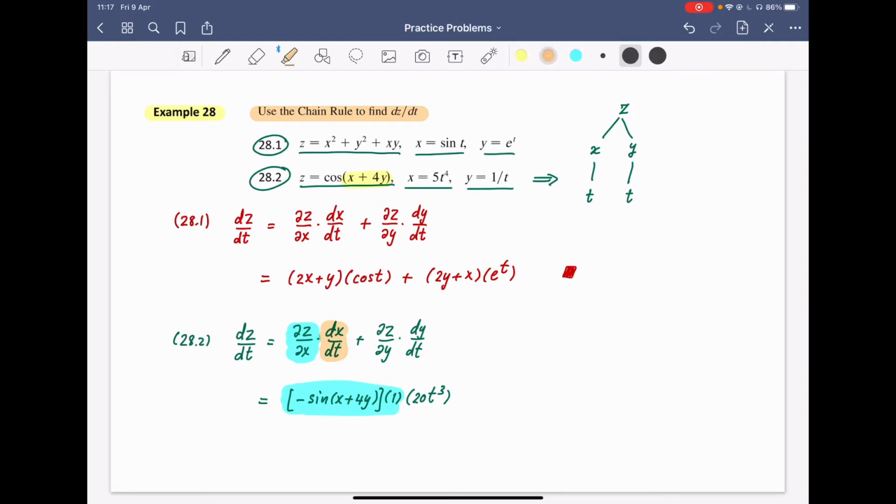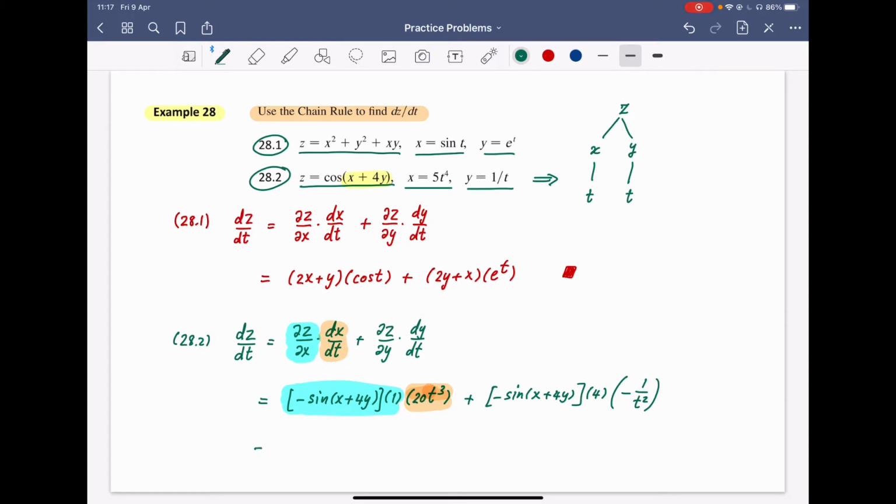All right, good. And then the next term, you differentiate c with respect to y, so you get negative sine of x plus 4y. And the inner function is going to give you number 4 here because you differentiate x plus 4y with respect to y. And then the last term, dy by dt, you differentiate 1 over t with respect to t, so you get negative 1 over t squared. All right, and that would be your answer.